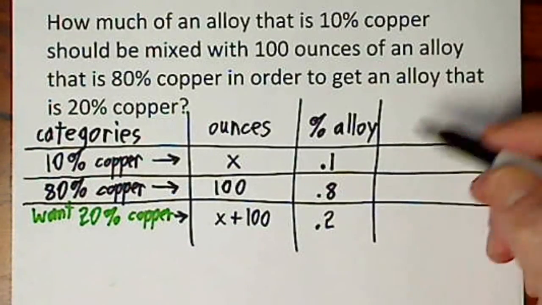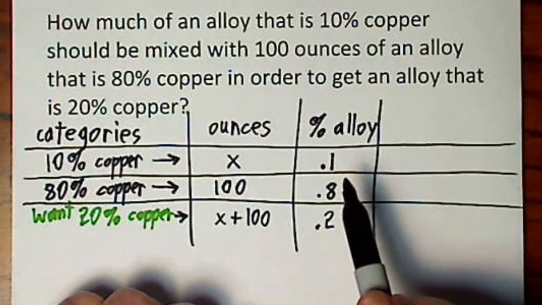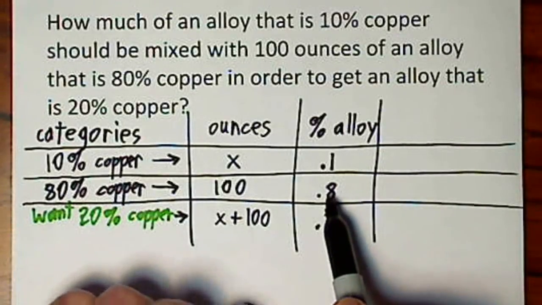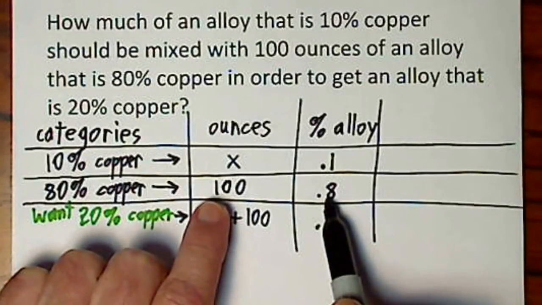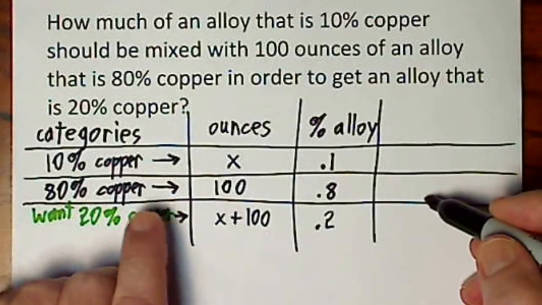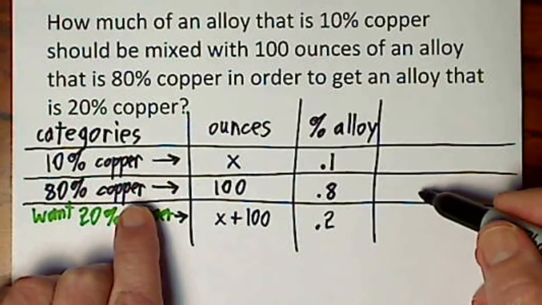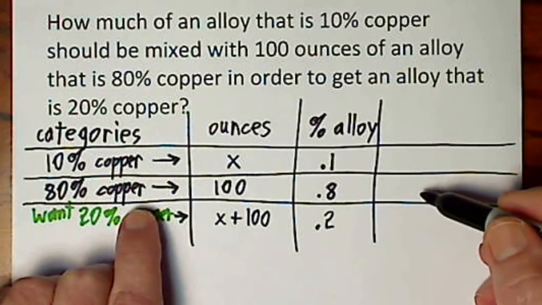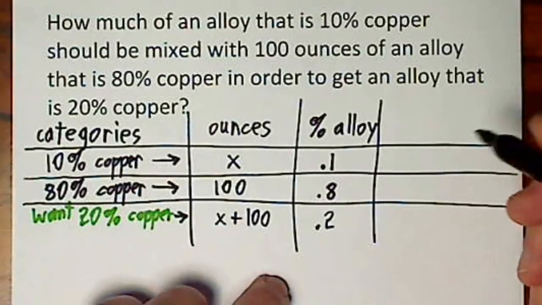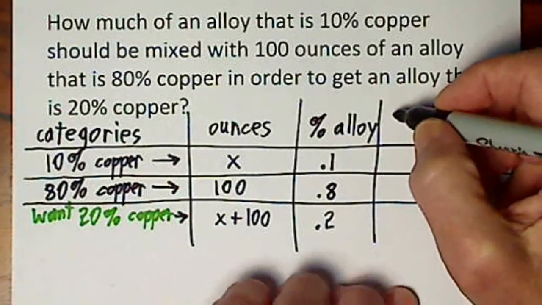Okay, and this part might seem a bit peculiar, but if I multiply the percentage of alloy times the number of ounces, it tells me how much pure copper I end up with. If I was working with acid, it would tell me how much pure acid we have. Okay, so I'll say amount of pure.